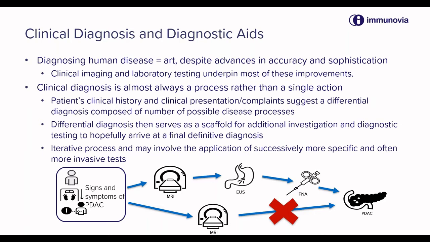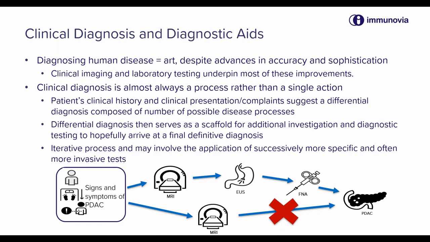Another aspect of clinical diagnosis that I think is important to recognize is that it's almost always a process rather than a single action. It's very unusual for a single presentation or a single test to yield a final definitive diagnosis.